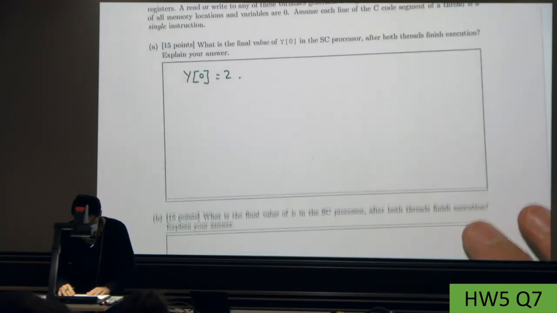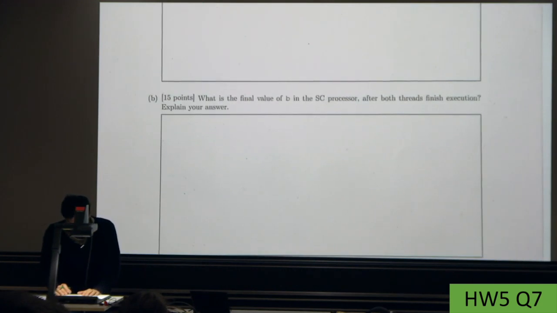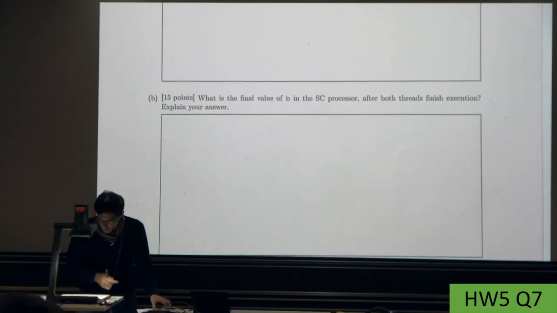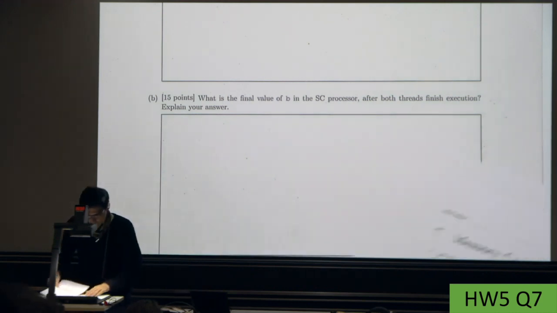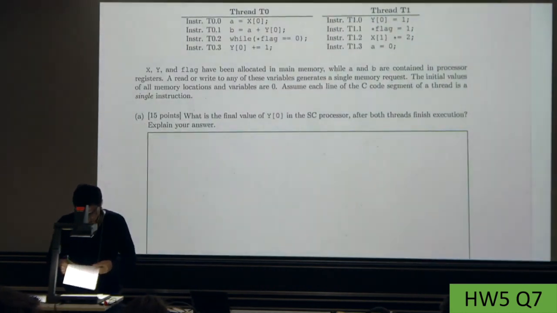Okay, now it says, what's the final value of B in the SC processor after both threads finish the execution? Let's see, what can I do? I want you to see the code while we do the reasoning here.